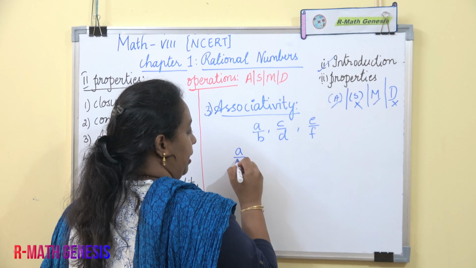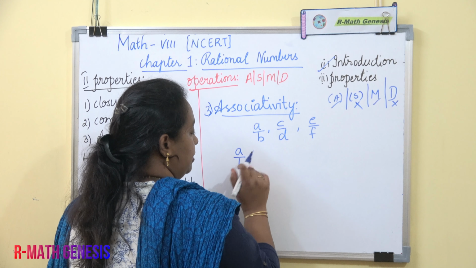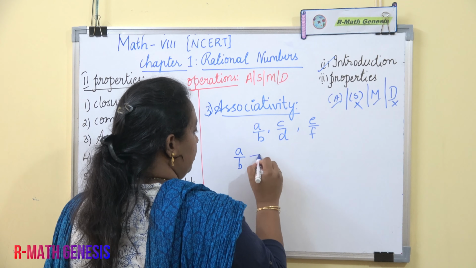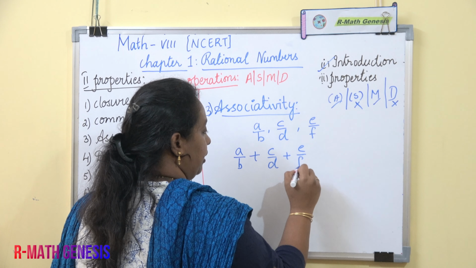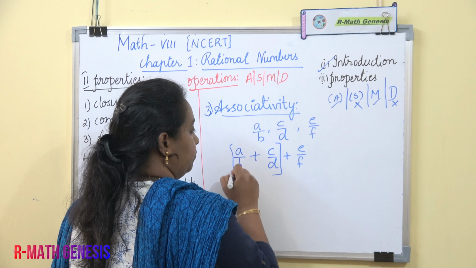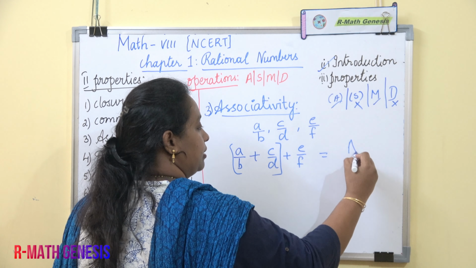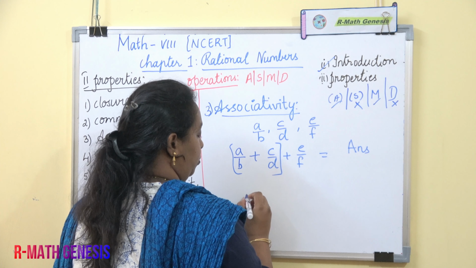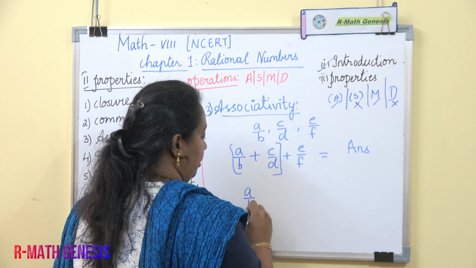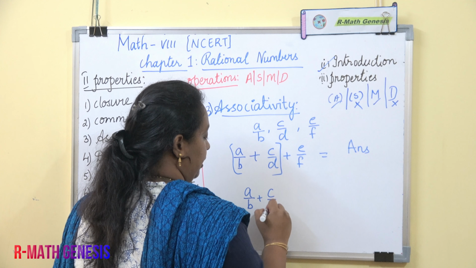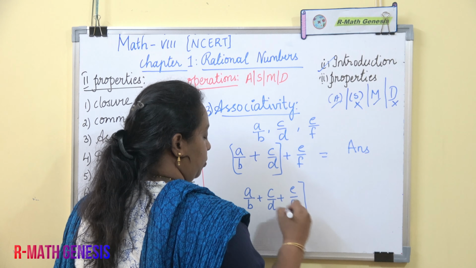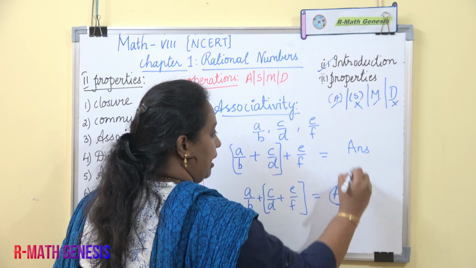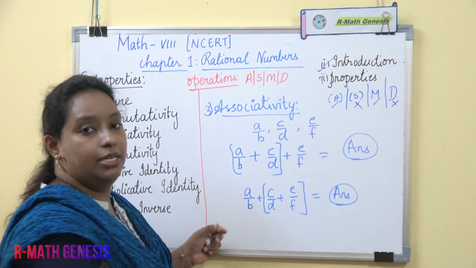So A by B plus C by D, grouped first, plus E by F gives some answer. One more grouping is A by B plus C by D plus E by F, where I group the last two and solve. This answer and that answer should be the same.